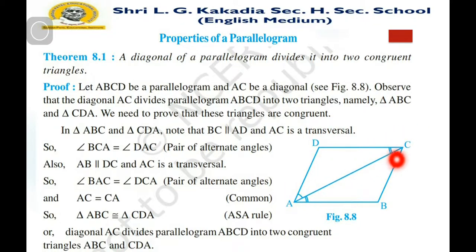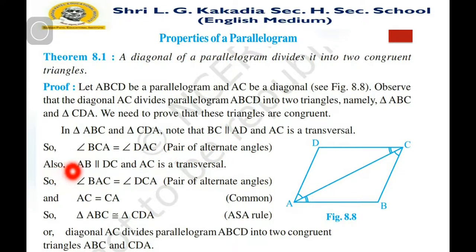Why? It is a pair of alternate angles. We have already studied in standard 9 that a pair of alternate angles are equal if two parallel lines are cut by a transversal. So angle BCA and angle DAC are equal.